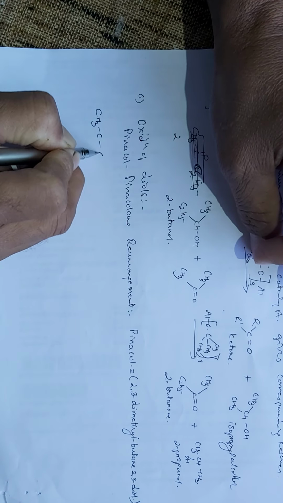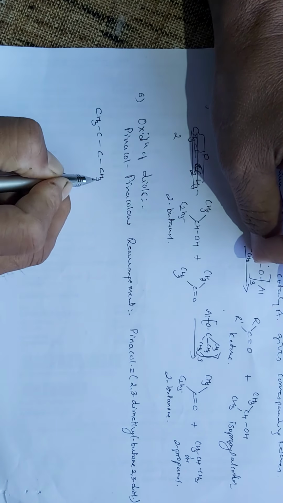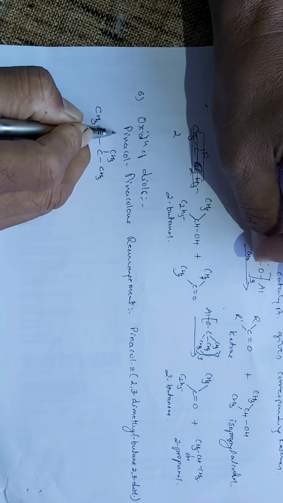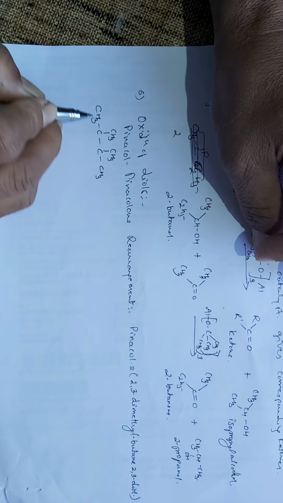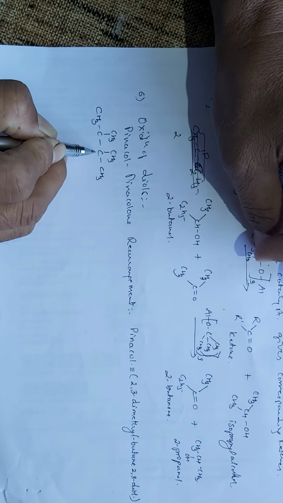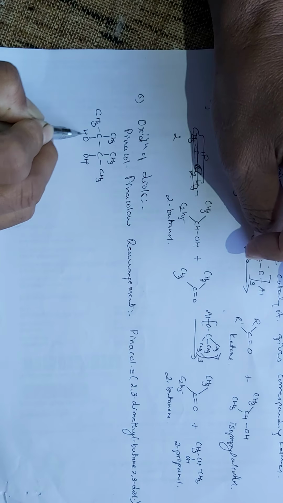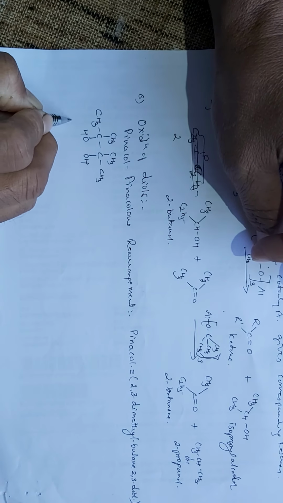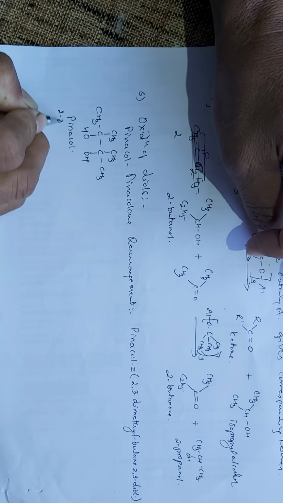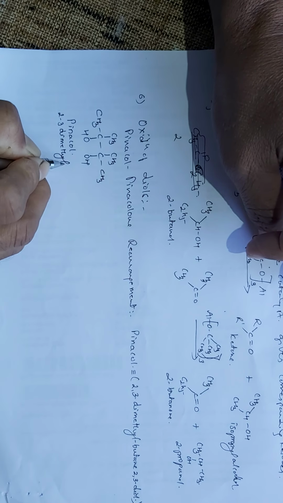Butane means four carbon atoms, 1, 2, 3, 4. At the 2 and 3 positions we have methyl groups, and 2,3-diol means at the 2 and 3 positions there are OH groups. So this is called pinacol, or 2,3-dimethylbutane-2,3-diol.